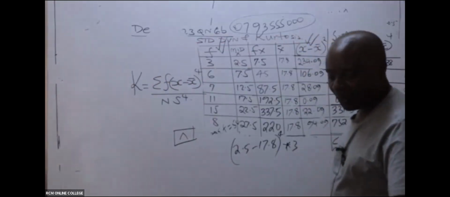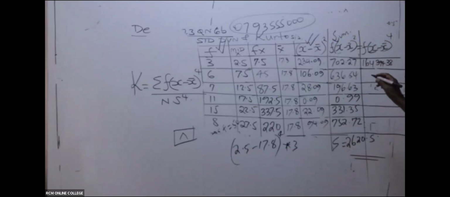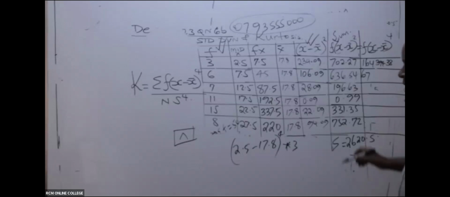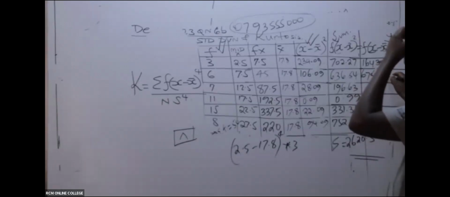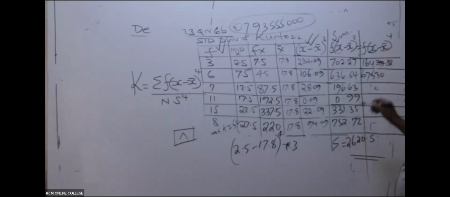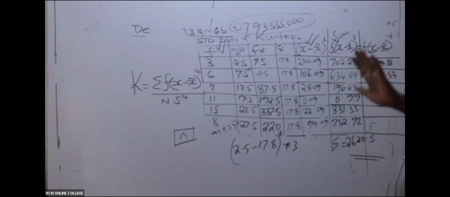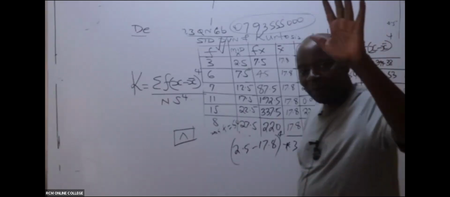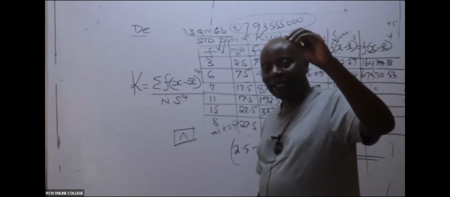Sharon is giving me the second one. The second one is 67,530.53. Can someone else confirm the second value? Sharon, I believe you have not used the long method of x minus x bar raised to power 4.